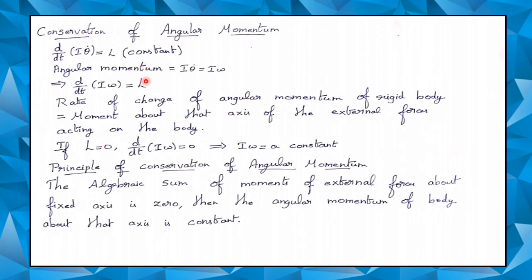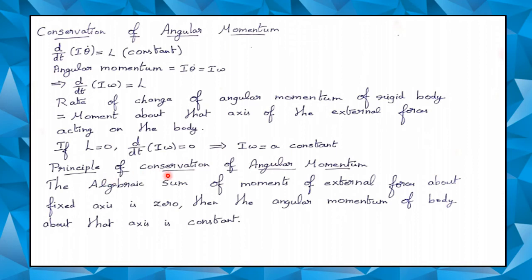So if L is equal to 0, then d by dt of I omega also becomes 0. That implies I omega is a constant. So if the moment of the external forces becomes 0, then the angular momentum is a constant.